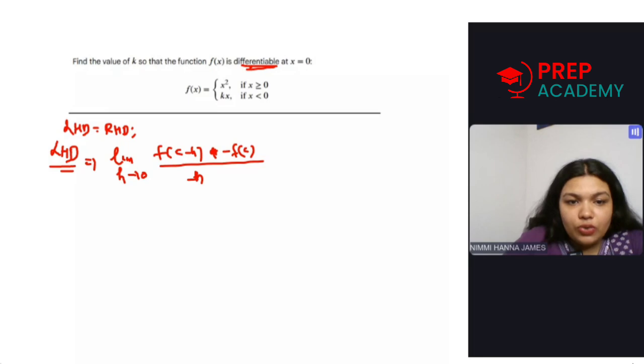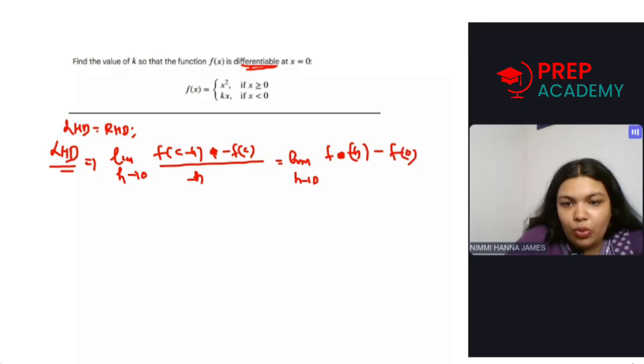Here c was 0, so it is f of 0 minus h, that is f of minus h, minus f of 0, by minus h.